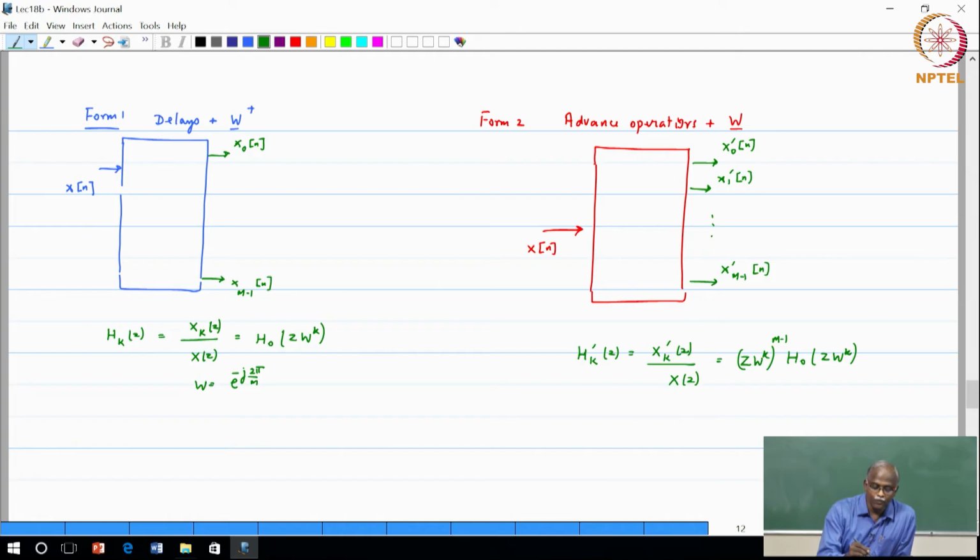Basically, what this says is that the magnitude response modulus H_k e^{j omega} of what I get from form 1 is the same as what you will get from form 2, H_k prime e^{j omega} magnitude; the phase terms will go. This is for all values k equal to 0 to M minus 1.